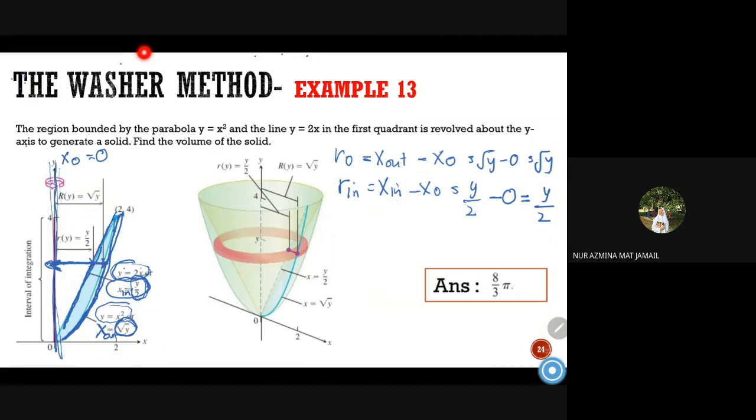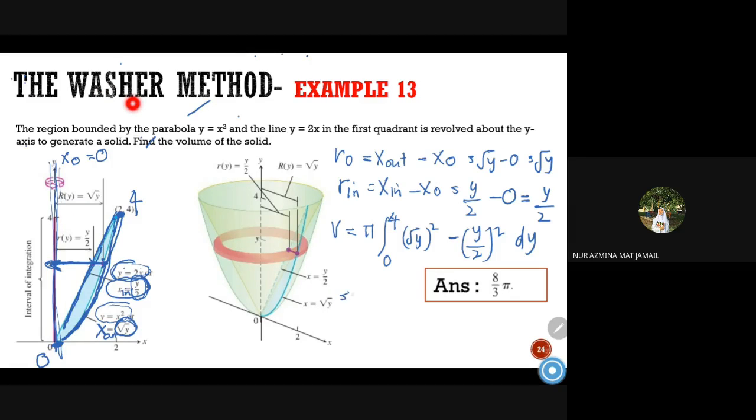Okay, so to compute the integration, so V is equals to pi, you may bring it outside, and integration is, macam kita dah verify tadi dy, so starting from y equals to 0 sampai y equals to 4 kat sini. From 0 to 4. Okay, R out is square root y square minus with y over 2 square dy. So yang ni simple, so kita boleh solve it together lah.